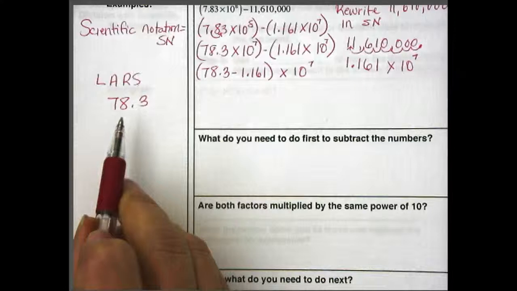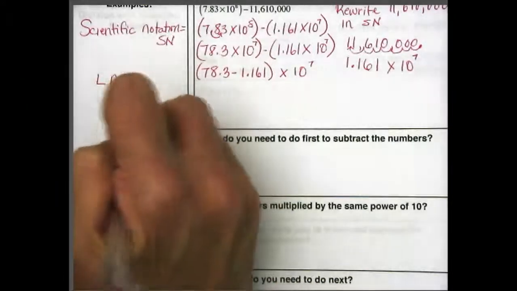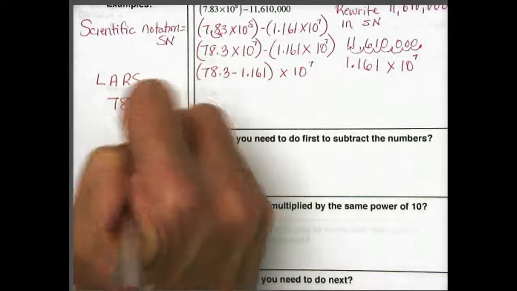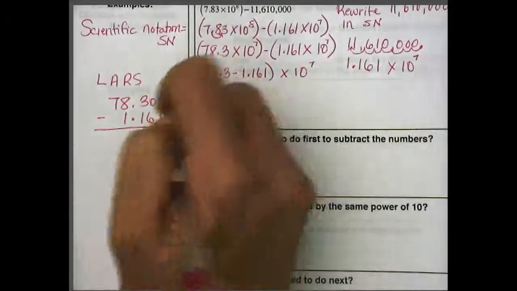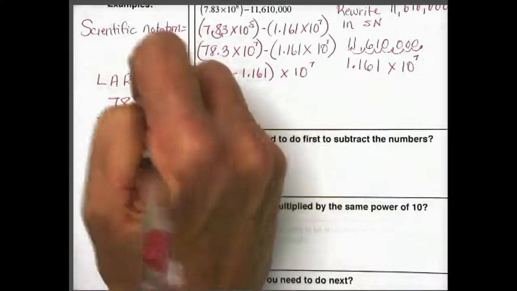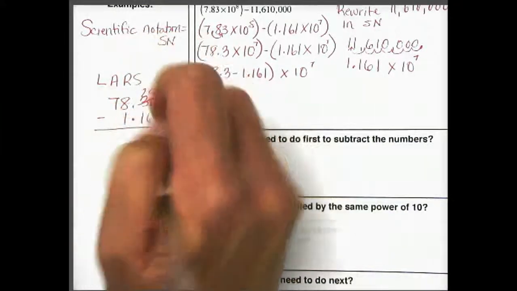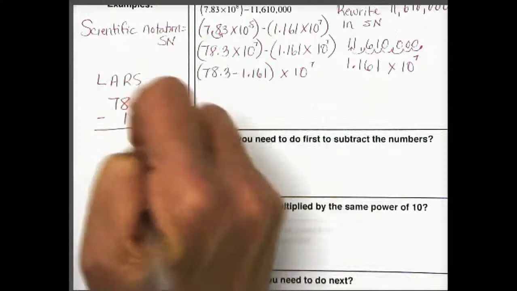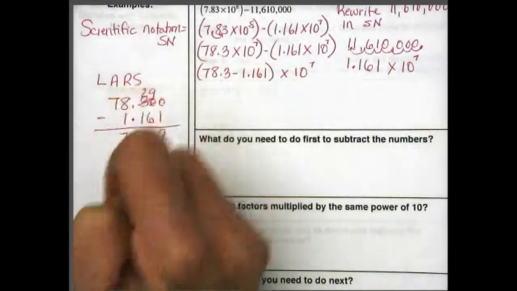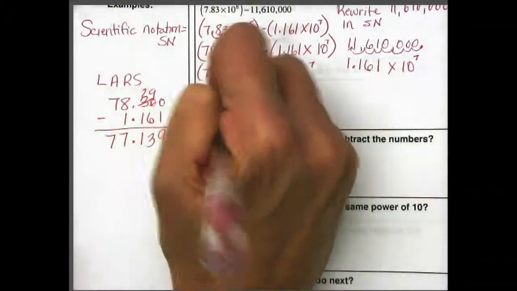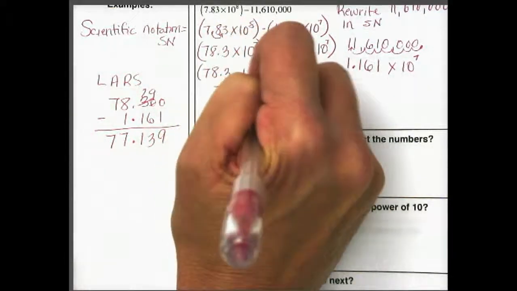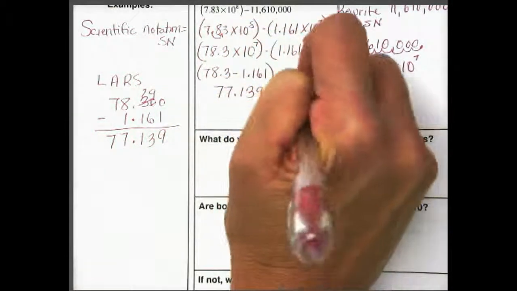Remember, with decimal points, subtracting or adding, we're going to line them up, 1.161. We can put zeros in for placeholders. 10 minus 1 is 9. 9 minus 6 is 3. 2 minus 1 is 1. 8 minus 1 is 7. So we get 77.139 times 10 to the 7th.